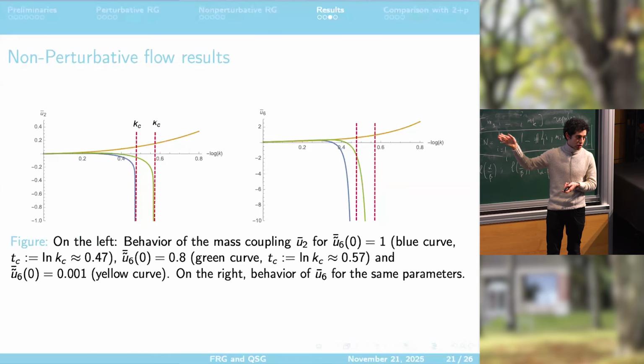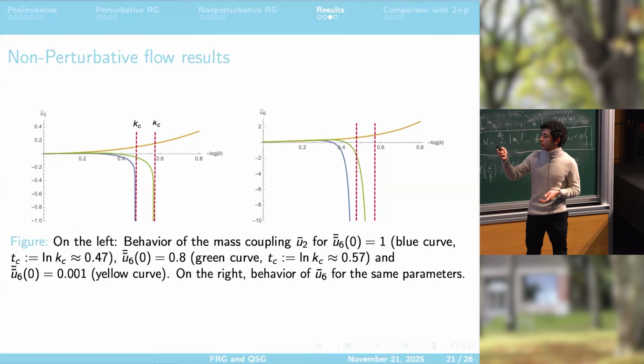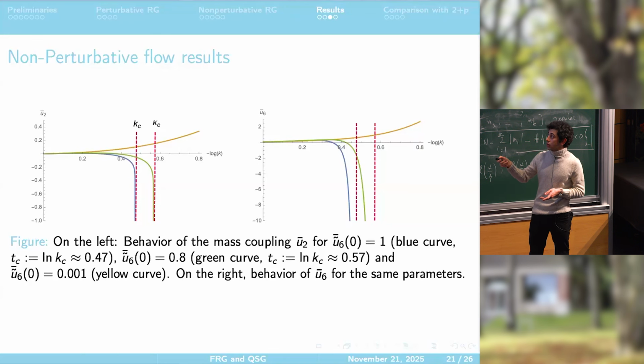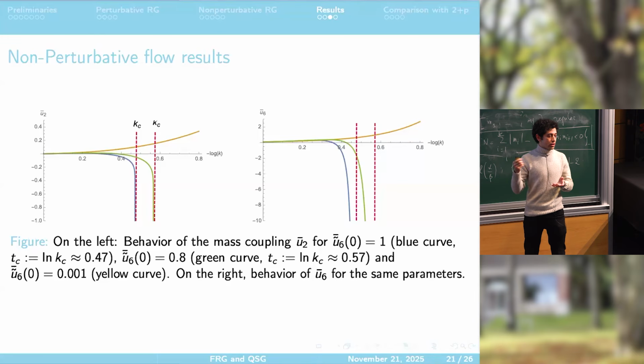Because you see that we have here this minus log of K, the renormalization time, and if it's 0, it means that K is equal to 1 basically.